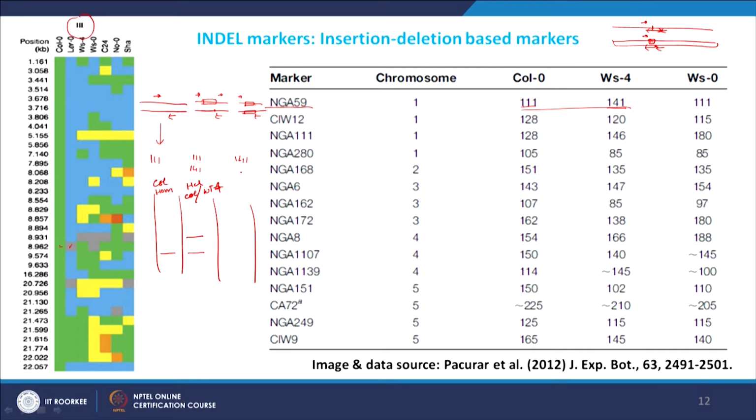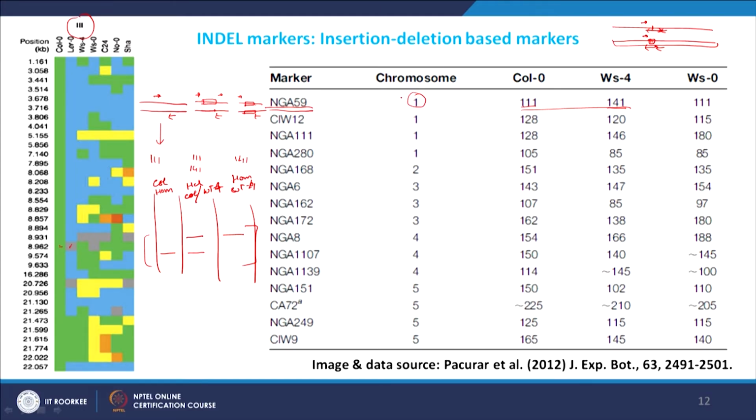But if it is homozygous for WS4, then you are going to get only one band of 141 base pair. So just looking at this banding pattern and this set of primers, you can clearly distinguish what the genetic loci is on chromosome number 3 or somewhere here, wherever this marker is located.